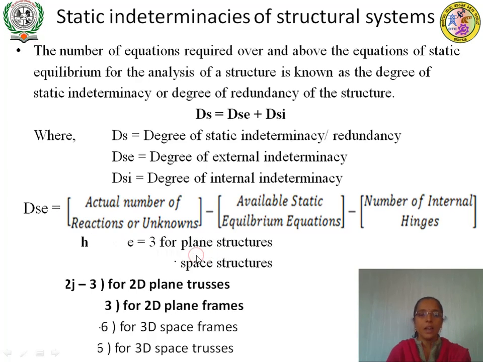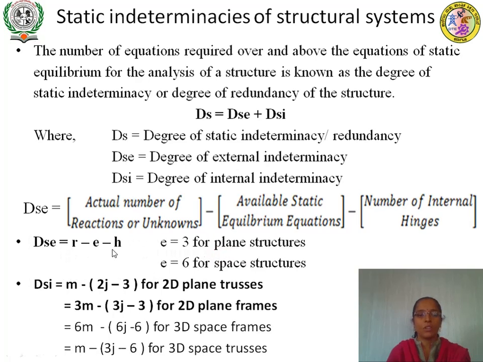Next, internal indeterminacy of a given structure is found by, this should be I, okay, DSI.